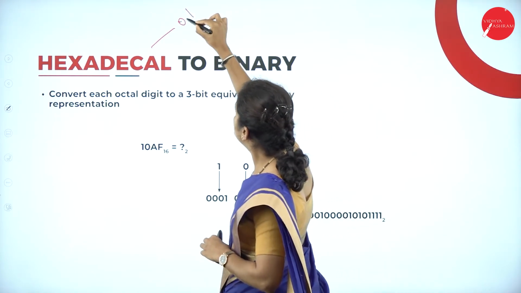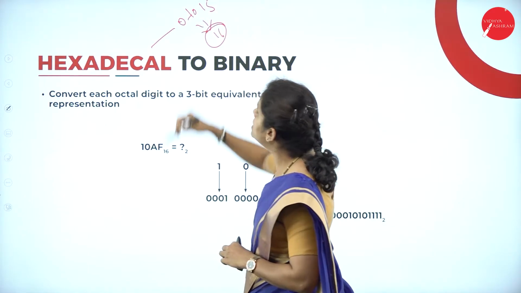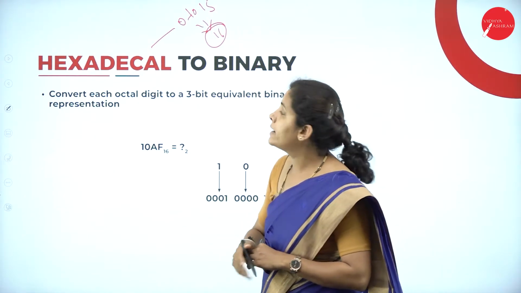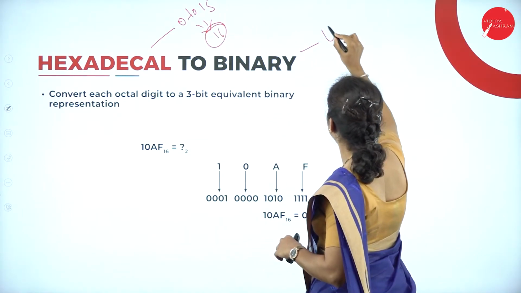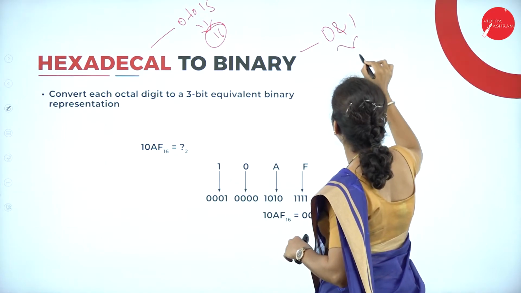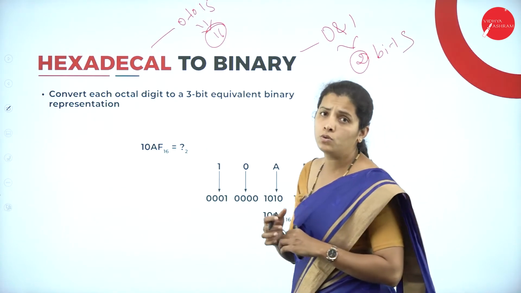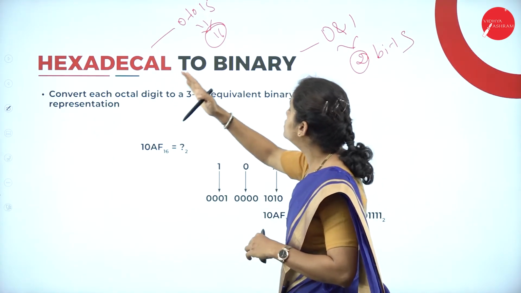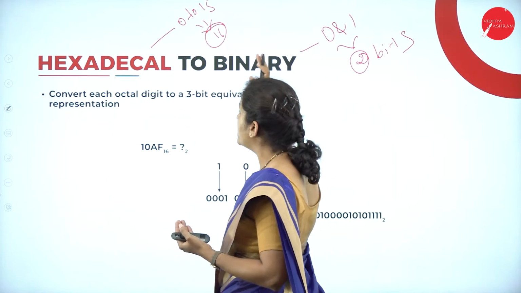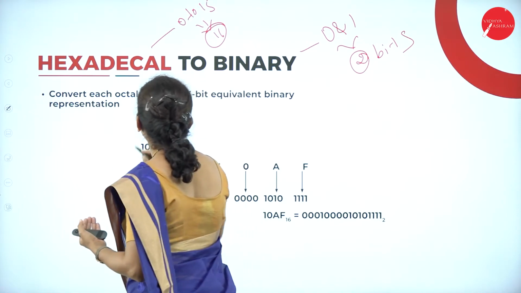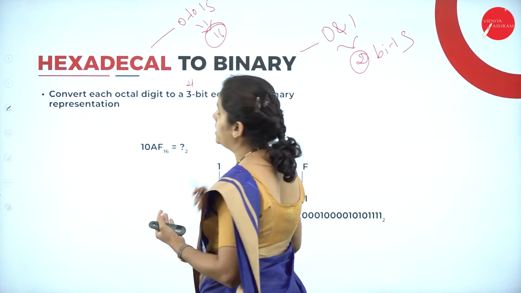It is 0 to 15, a range of 16, total 16 numbers, whereas in binary it is 0 and 1, so only 2 values. So to convert hexadecimal to binary, I'm going to convert each hexadecimal digit to a 4-bit equivalent binary.